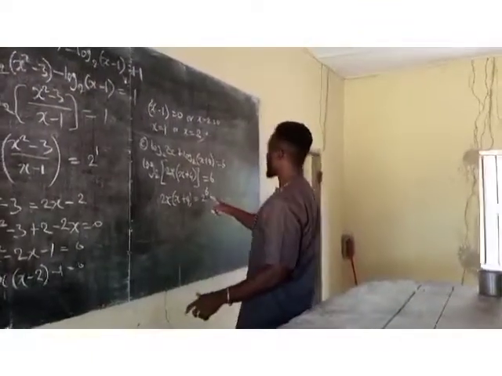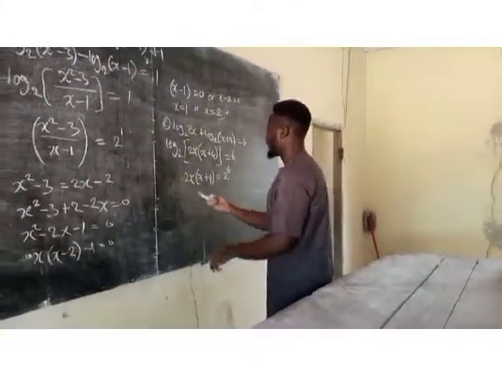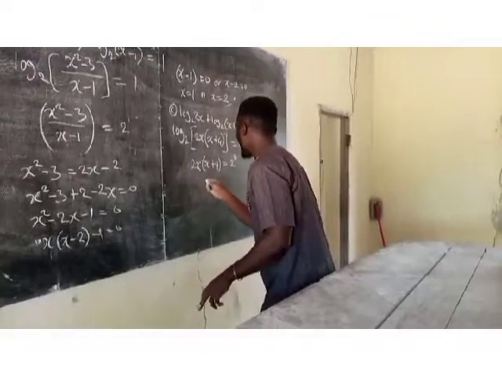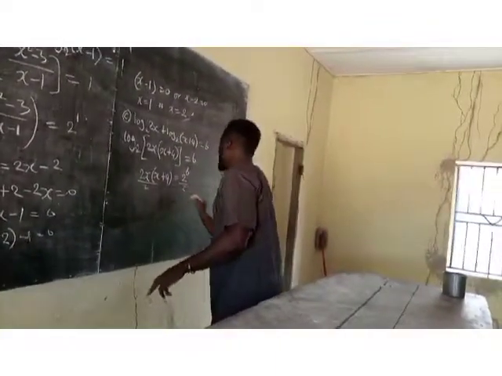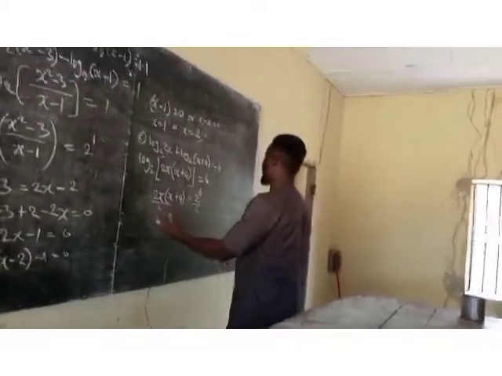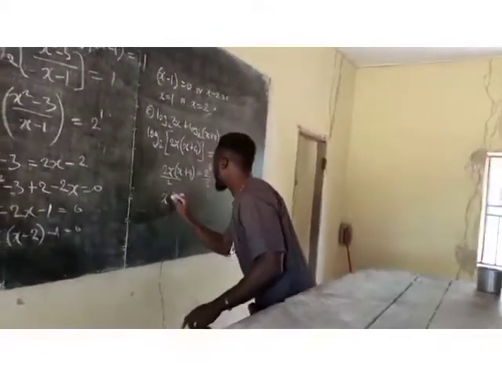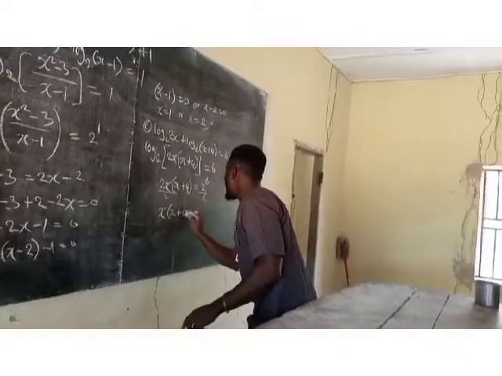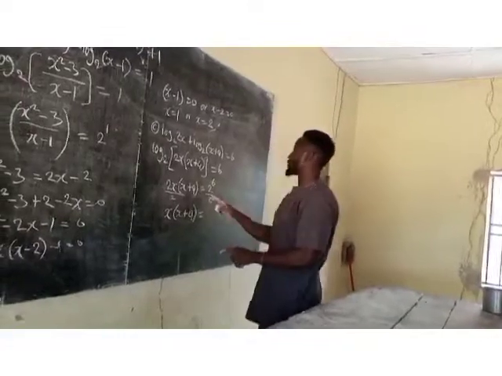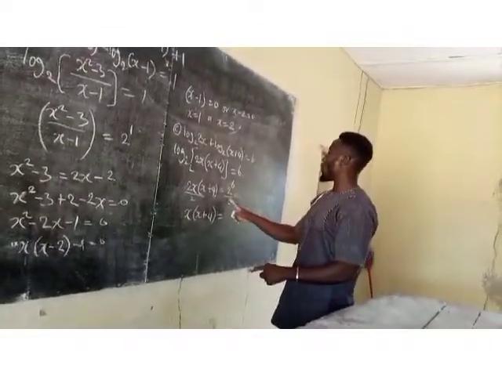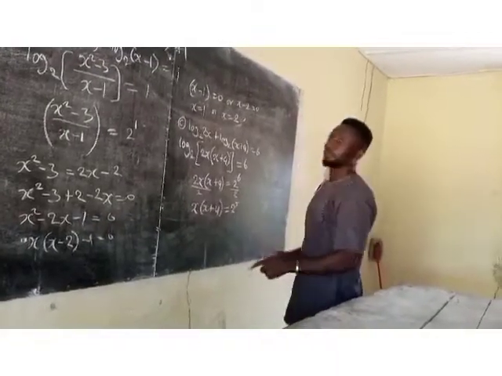And when we have 2 raised to the power of 6, we are going to divide by 2. So in the law of logarithm, when you are dividing, you subtract the power. So here we have x into x plus 4 is equal to this. This one is already with power 1, so it's subtracted, it will become 2 raised to the power of 5.